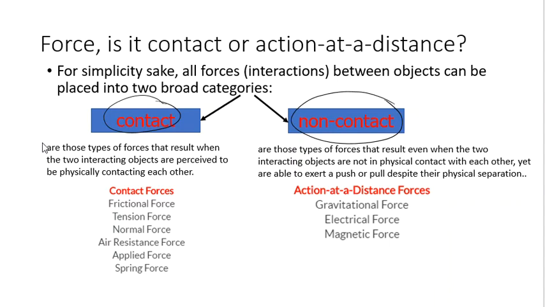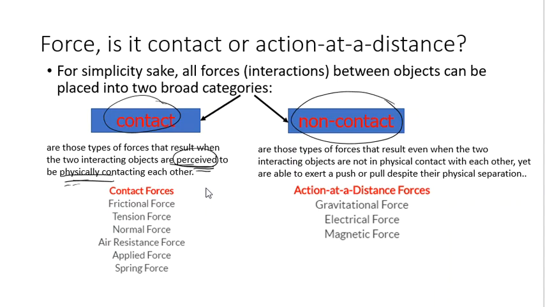So contact forces are those types of force that typically are in contact. So that's the key word. When objects that are interacting are perceived to be physically in contact, but as you get into higher sciences, that is just a perceived notion that they are physically in contact. But let's just settle with that.